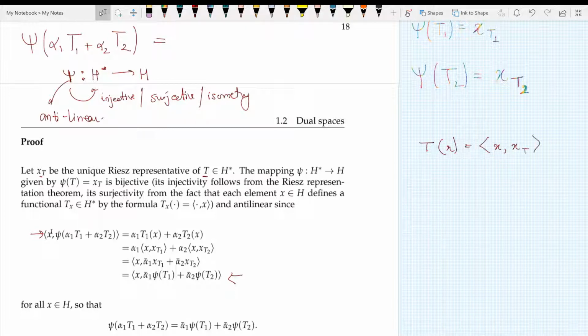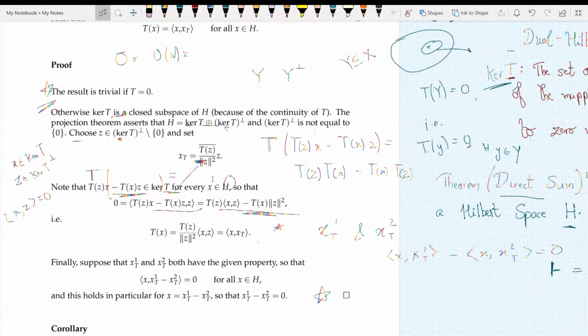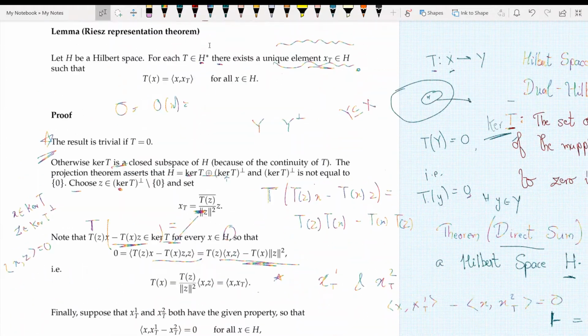That's the beautiful thing about Hilbert spaces: I have got this additional structure, and this x_t also belongs to H. Let H be a Hilbert space, and for every t belonging to the dual space of H, which is H star, and this t is a linear functional, there exists a unique element x_t belonging to H such that t of x is nothing but the inner product of x with x_t.